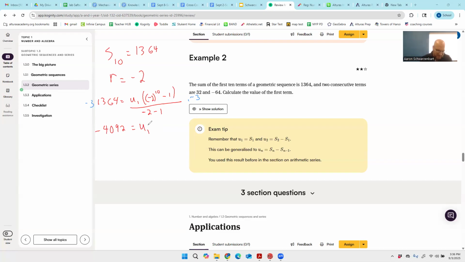U1 times, 2 to the power of 10 is 1024. 1024 minus 1 is 1023. So now I'm going to divide both sides by 1023.